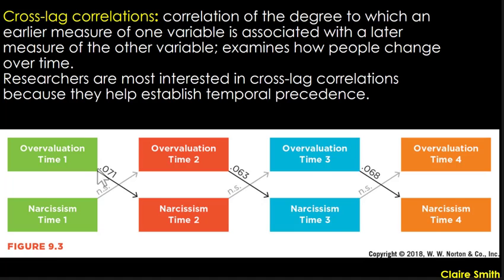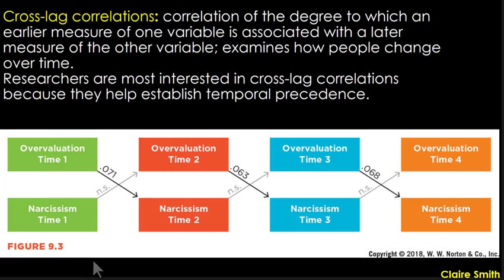You can see here the r values are noted for the correlation between parental praise at time 1 and narcissism at time 2, and so on and so forth. Right, so we can see that there is a correlation from the overvaluation to narcissism in all cases, right? But the other way, narcissism isn't leading to any sort of change at time 2 of the parental praise.